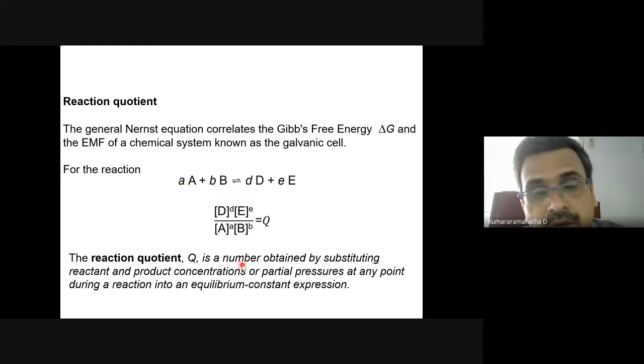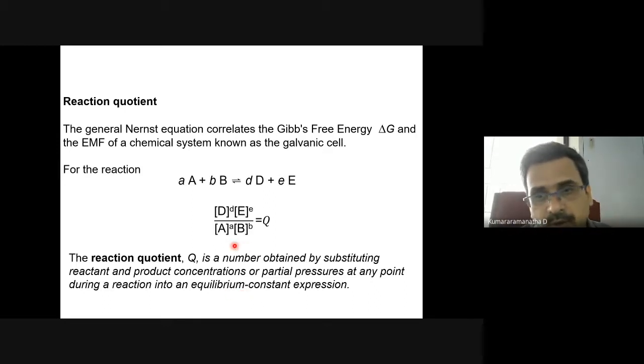If you want to define the reaction coefficient, it is the products' concentrations divided by the reactants' concentrations. You get the reaction coefficient by substituting reactant and product concentrations, or partial pressures if they are in gaseous form, at any point during an equilibrium situation.